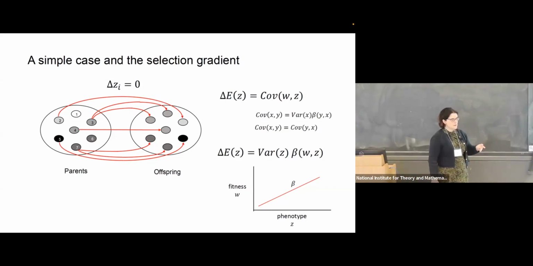That regression coefficient is positive, beta is positive. That would mean that the change in the trait would be positive. And so we often talk about what we expect selection to do. Do we expect it to increase a trait or decrease a trait? If we have a very simple model, this gives us what happens in that case.